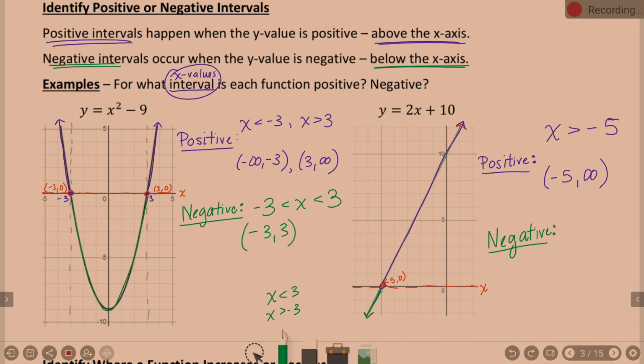Okay. Can I say x less than -5? I can, because it's numbers to the left of -5. Or, -5, where did it start being negative? Infinity, but in the negative sense. So -infinity to -5.